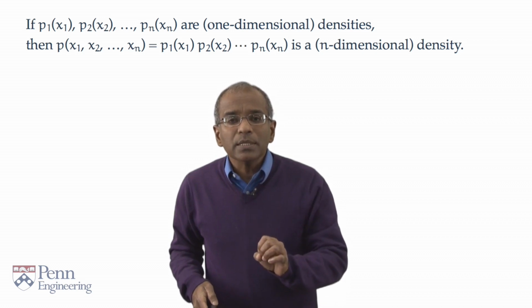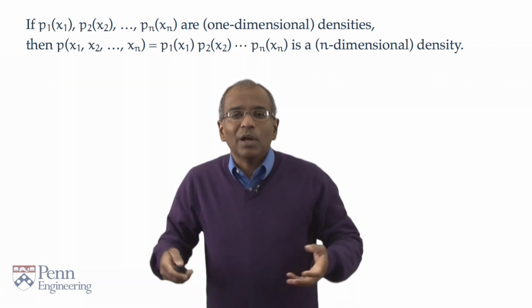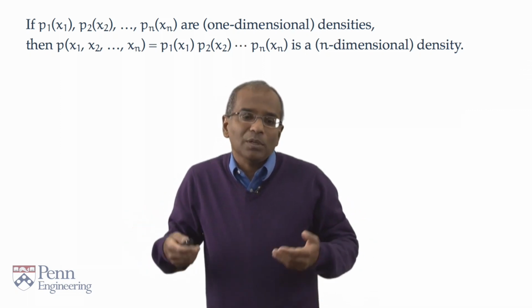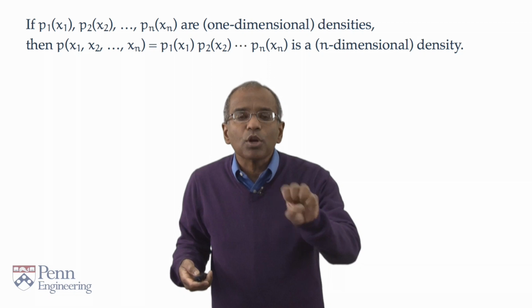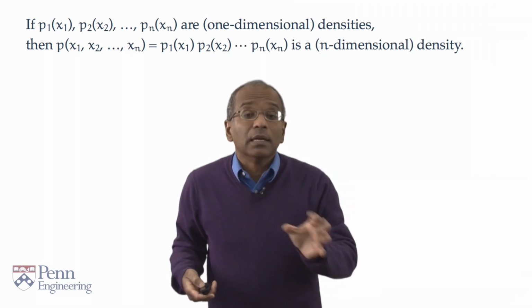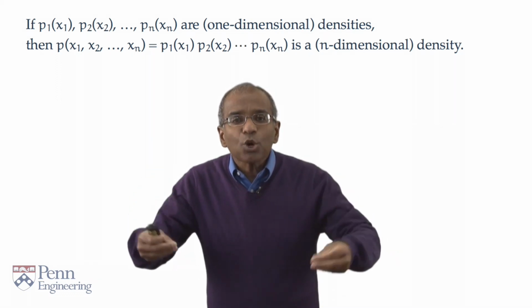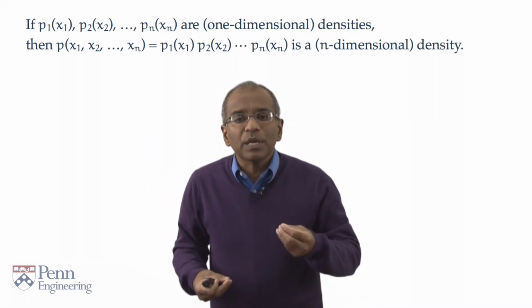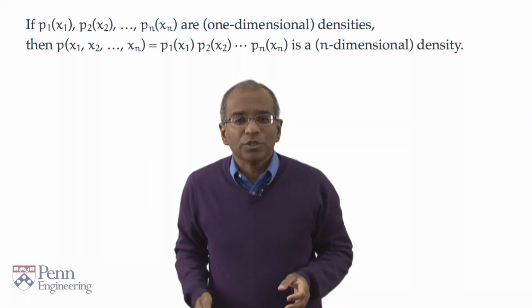The claim now is, if we simply multiply out these functions, well, naturally, we now get a function of n variables. Call it p. This function of n variables separates into a product of one-dimensional densities. The claim now is that if we do this for any choice of the constituent densities P1 through Pn, we will get a density in n dimensions.